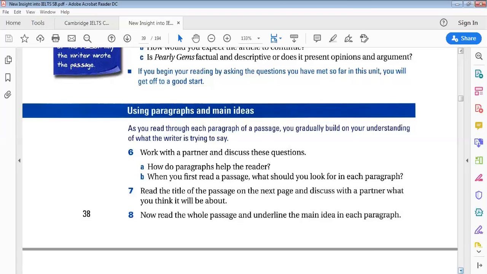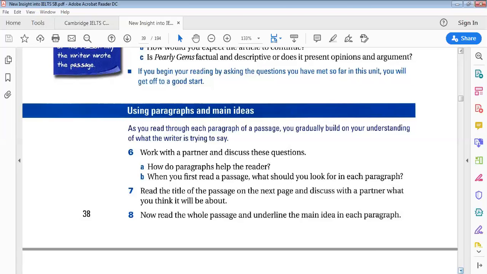If I read a passage, in each paragraph I should look for main ideas and what the paragraph is saying. Okay, they separate the main ideas, the topic sentence that carries the main idea. I have to look for main ideas, and each paragraph presents a different main idea.